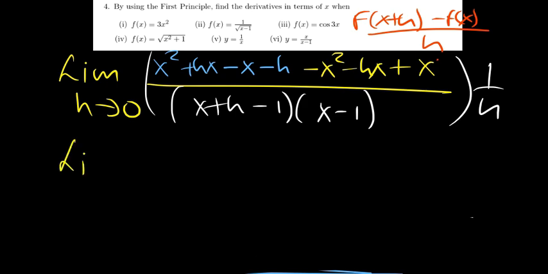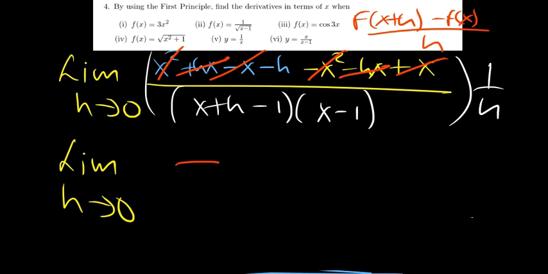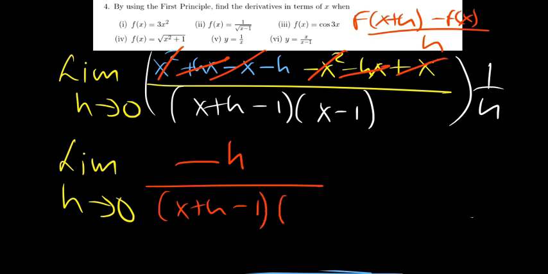So the limit as h approaches 0. Right? So let's cancel out what's common. X squared will cancel, minus hx plus hx, positive x and negative x. What remains is negative h on top, and then on the bottom we have x plus h minus 1, x minus 1, and then 1 over h.